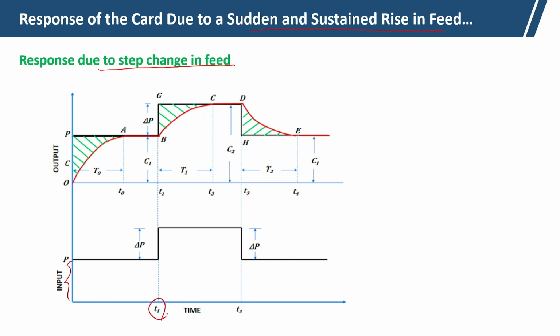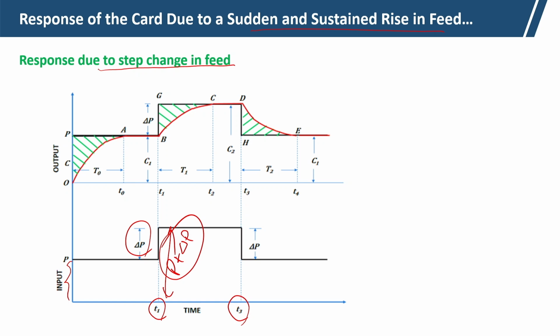and then at time T1 we suddenly increase the input material by delta P. So it becomes P plus delta P, and that will continue up to time T3.